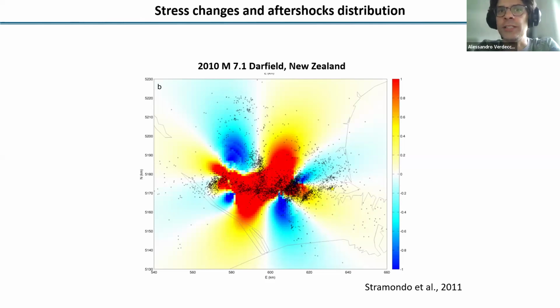We can see already some kind of limitation of this kind of calculation, which takes into consideration the fact that the optimally oriented faults calculated are based on homogeneous regional stress. And we already know that in actively tectonic regions, the regional stress is not really homogeneous, mostly at these large scales.